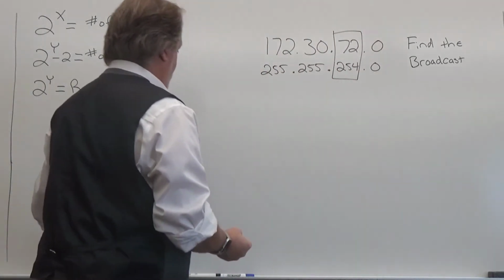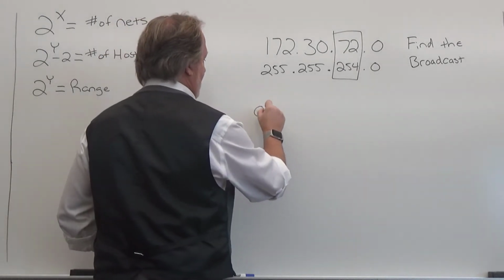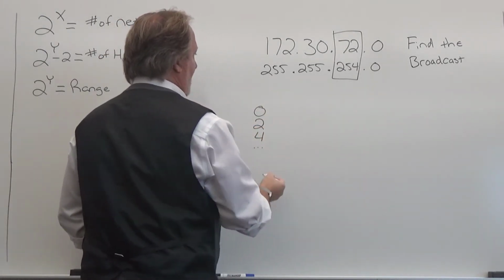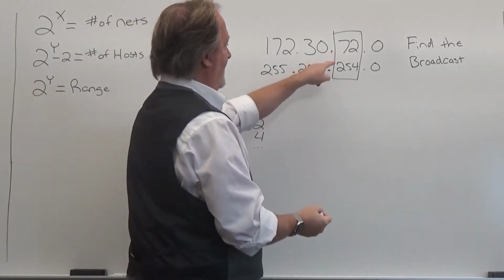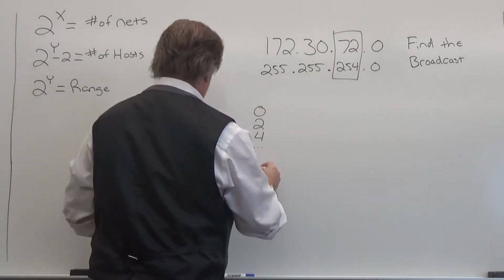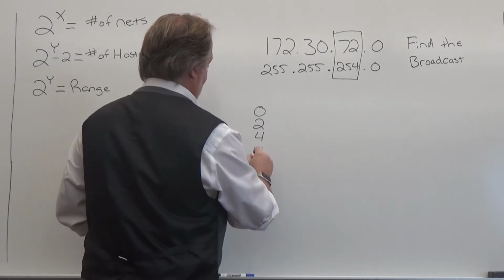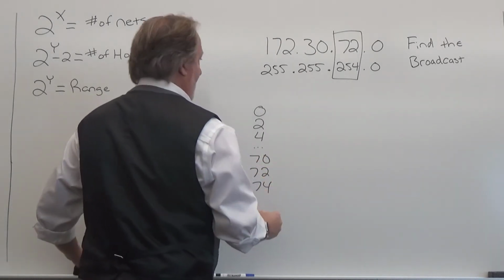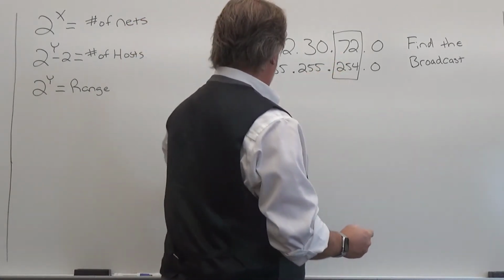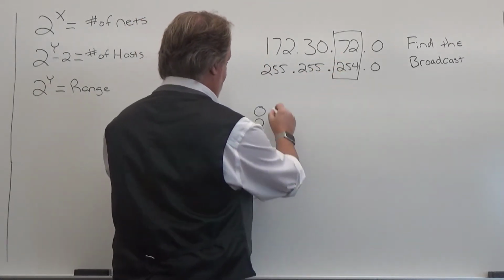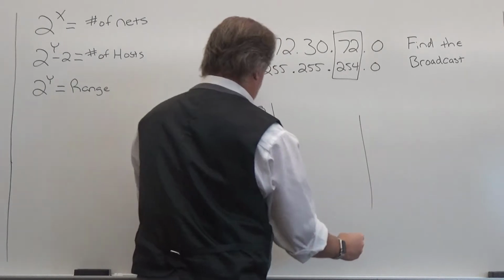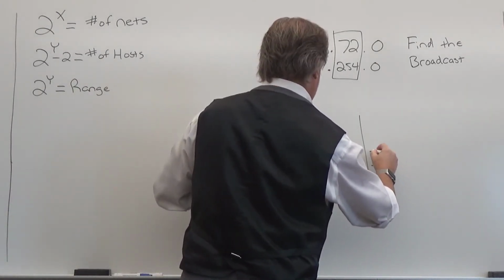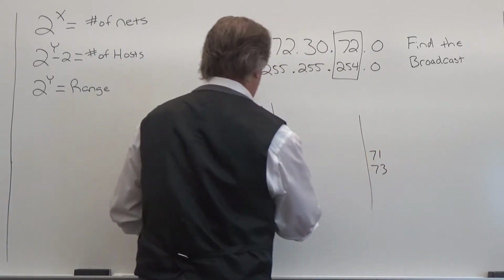we can do the range chart. So we know we always start at 0, then we add the range, and then we keep going until eventually we're going to hit some even number like 70, and then 72, and then 74, and then our number here is right there, so we can stop. So that's this column, so 73, and 71.